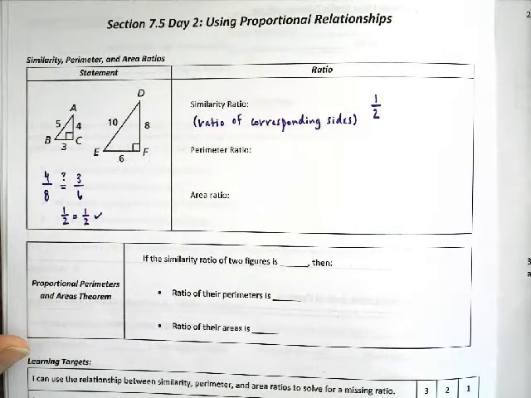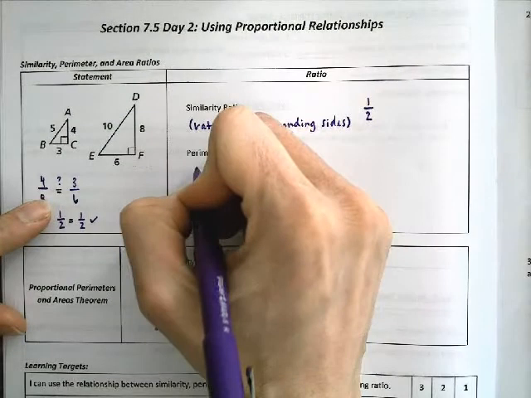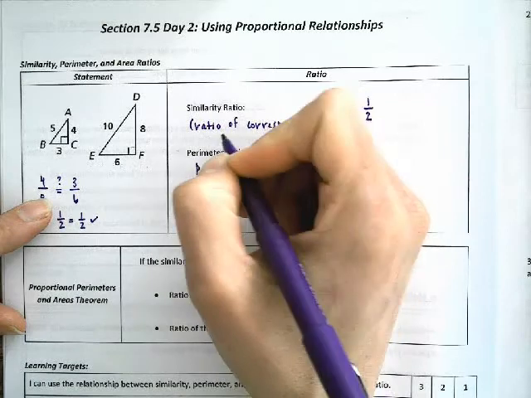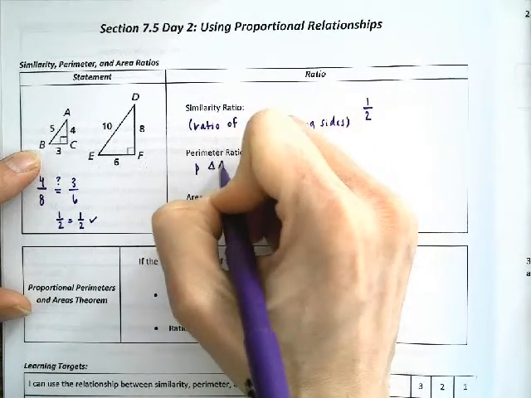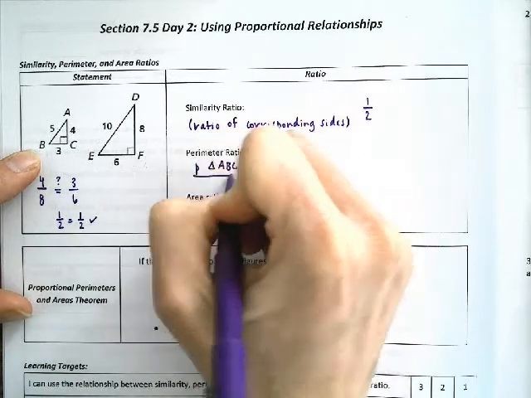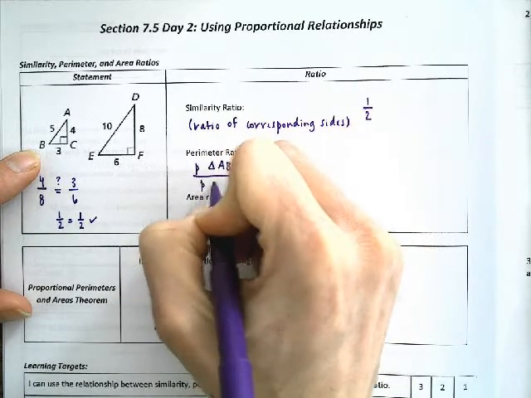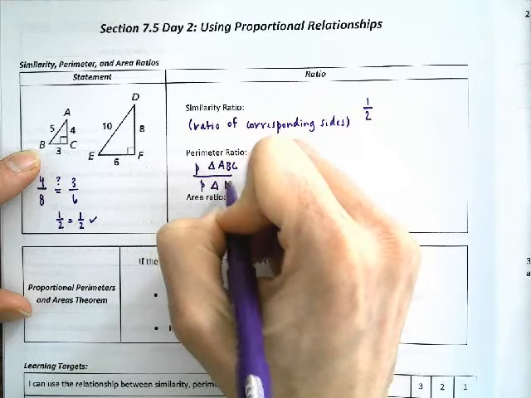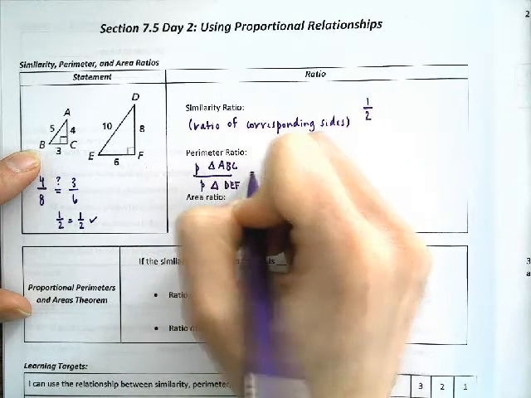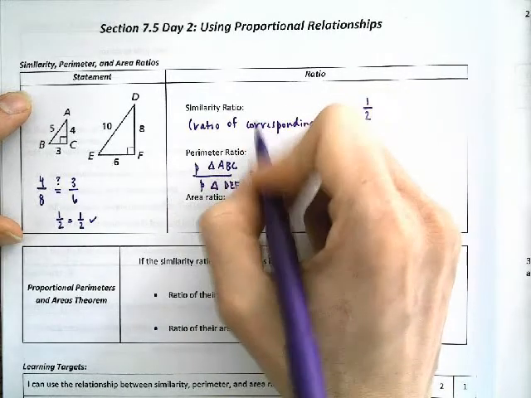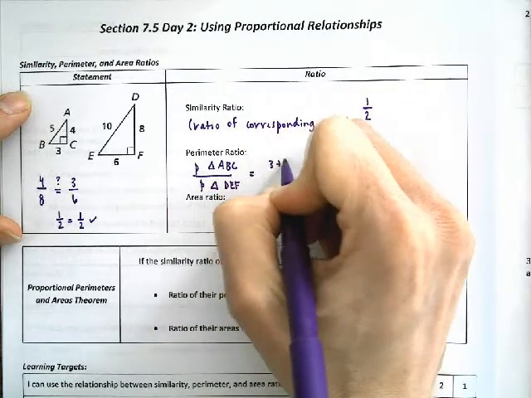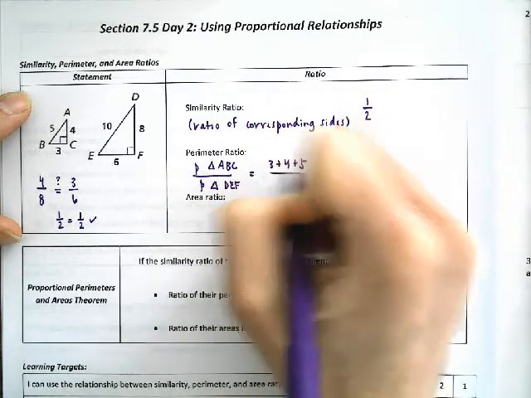Now, the perimeter ratio. What we want to do is compare the perimeter, I'm just going to call it P, of triangle ABC to the perimeter of triangle DEF. So to get the perimeter of triangle ABC, we're going to add the three sides together. So 3 plus 4 plus 5.